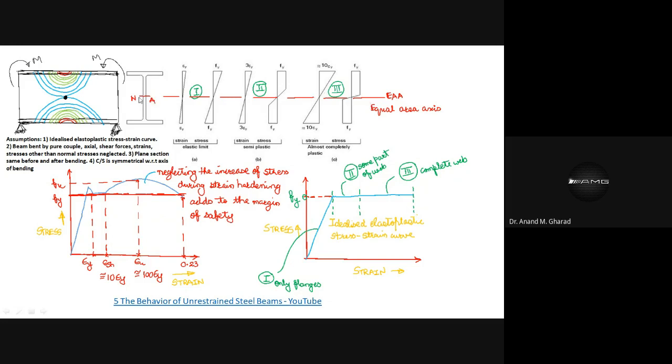It is different than the neutral axis, because if the cross section is symmetrical, then the neutral axis will be equal to the equal area axis. But in the case of unsymmetrical sections like the T section, or even in this I section, if one of the flanges is larger or smaller, then you will find an asymmetry condition will be developed. Got it?